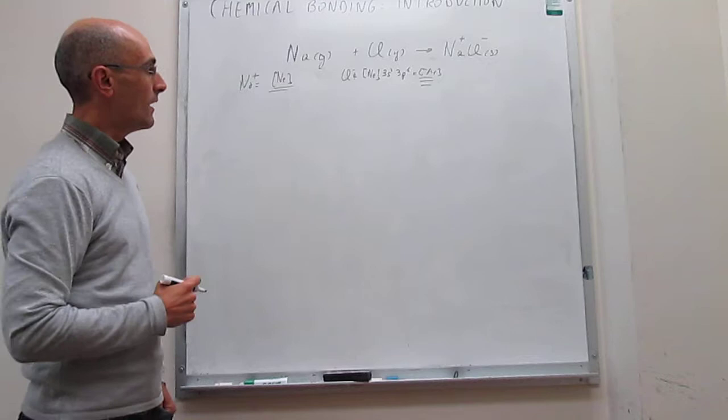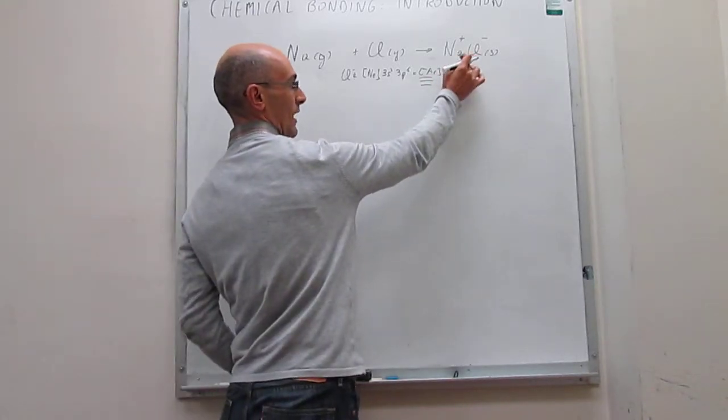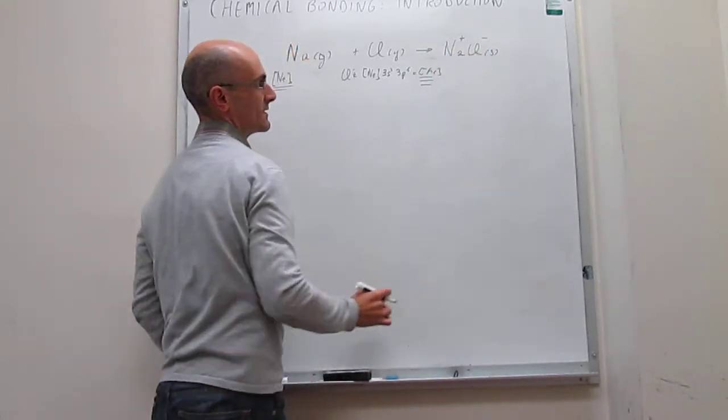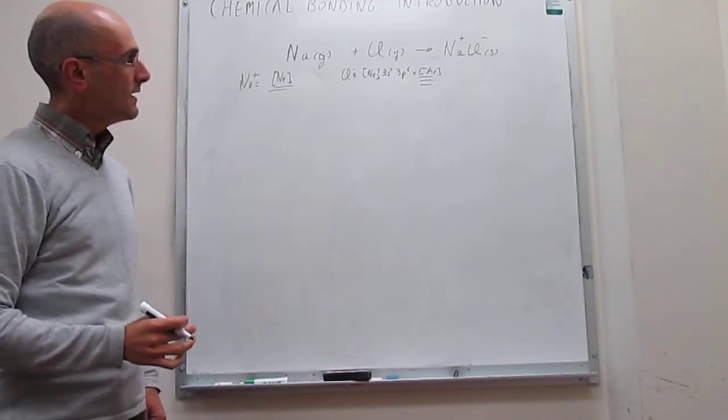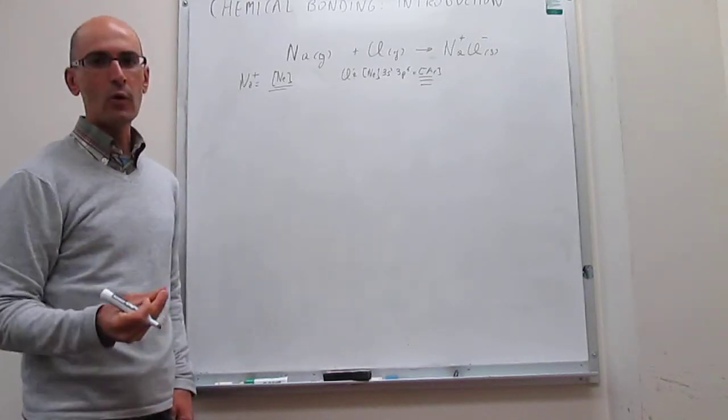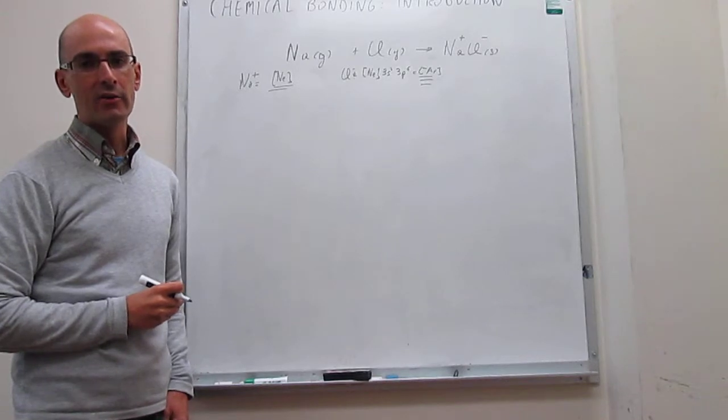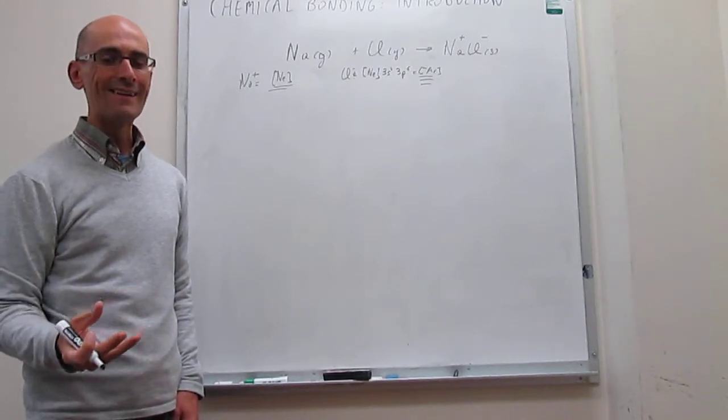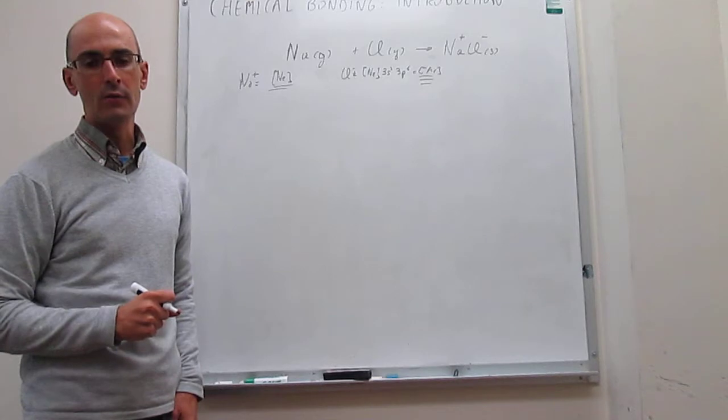Now, in these ions you have electronic configurations that are the same as rare gases, and the force that holds together the ionic compound is simply an electrostatic attraction between the resulting ions.